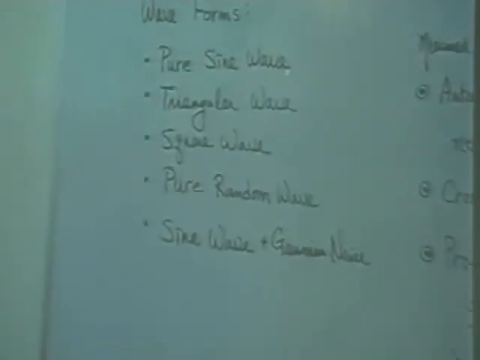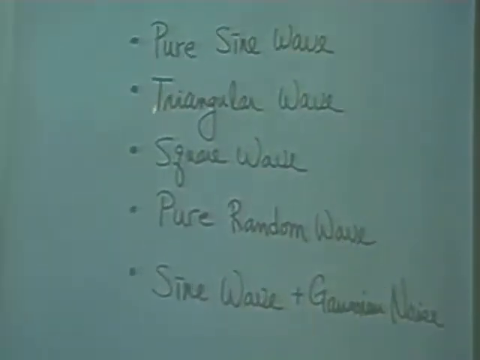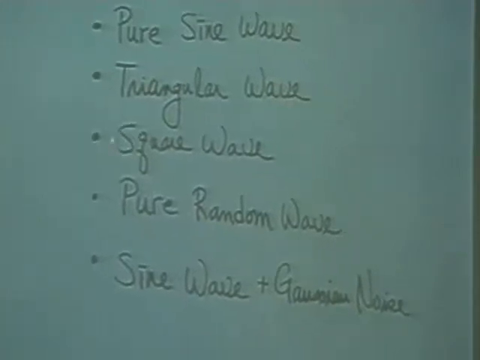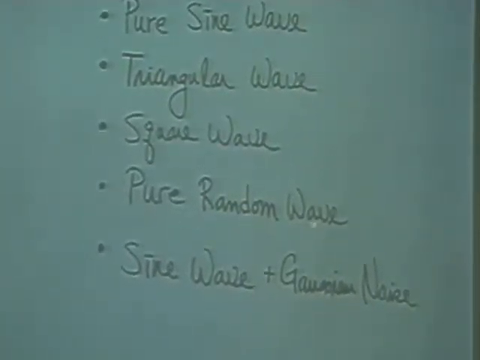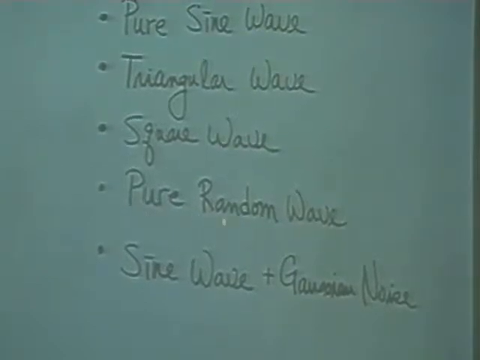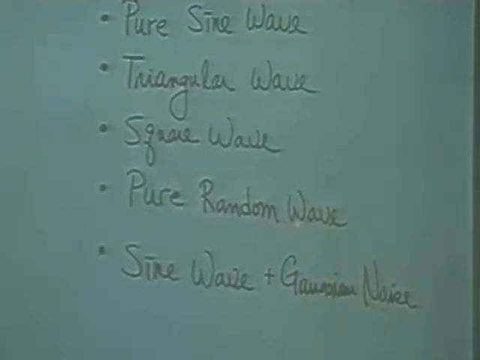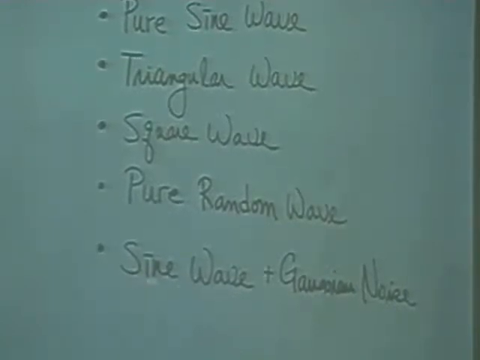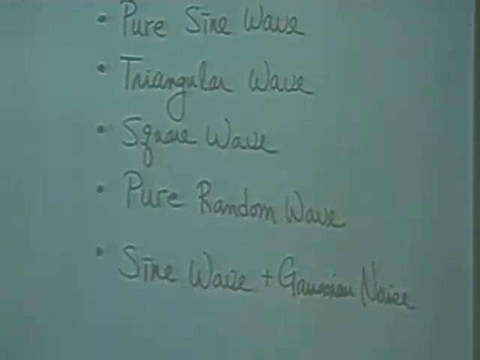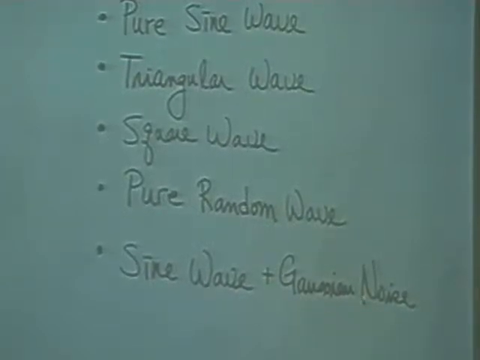The waveforms we are going to deal with are a pure sine wave, a triangular wave, a square wave, and a pure random wave, which is really pure random noise. The last waveform is a sine wave combined with Gaussian random noise.